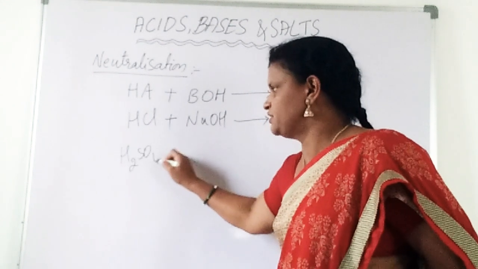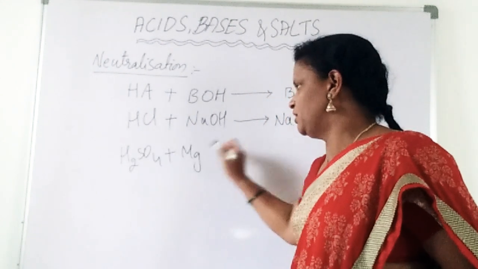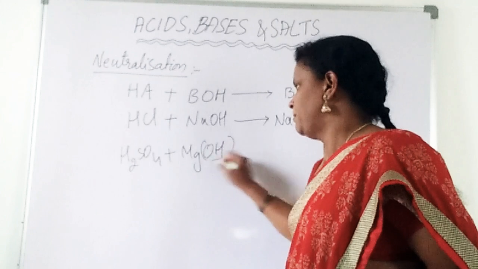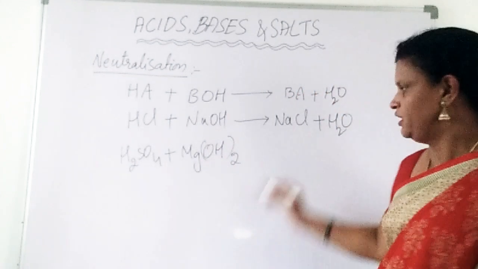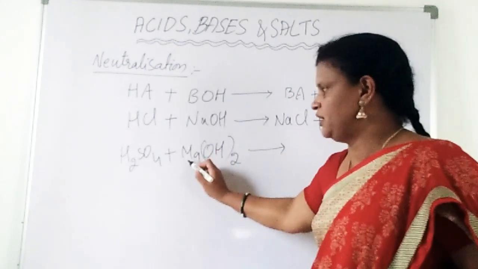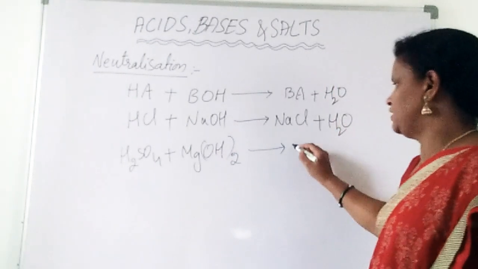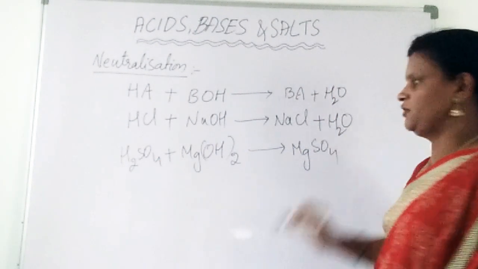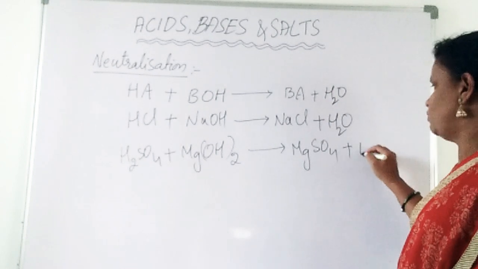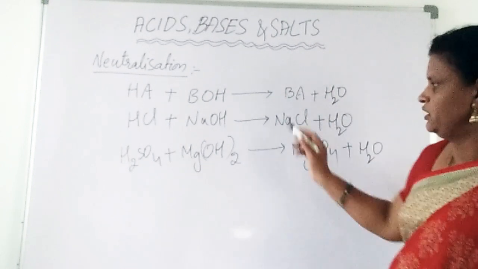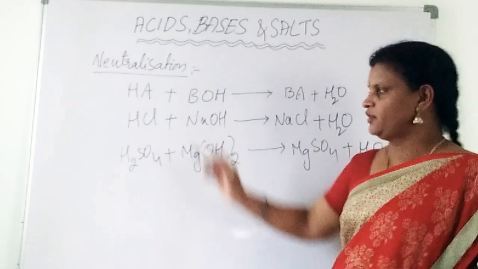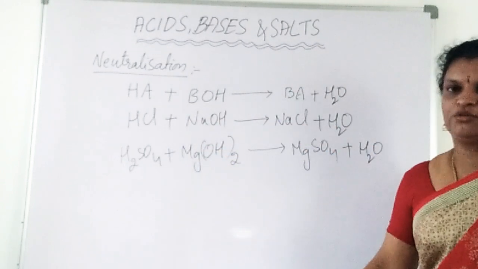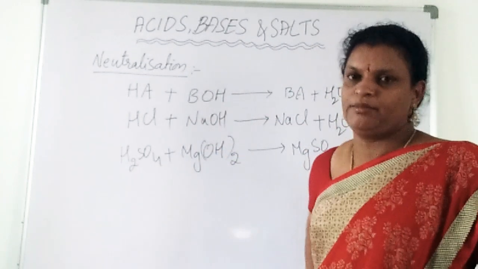Now along with that we'll see some other example. Here sulfuric acid is reacting with magnesium hydroxide. Here also what will happen, salt will contain the cation of the base and also anion of the acid, magnesium sulfate will form, and along with that water also will form. So in this first equation, if you see, all the atoms are balanced, both the side number of atoms is similar.